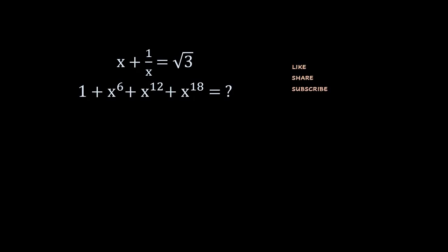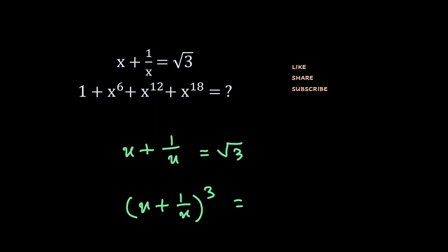Now the given value is x plus 1 by x equals square root of 3. If we take cube power on both sides, we have x plus 1 by x whole cube equals square root of 3 whole cube.